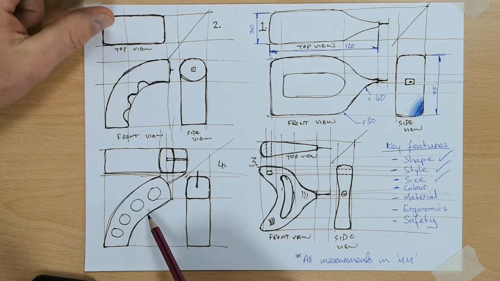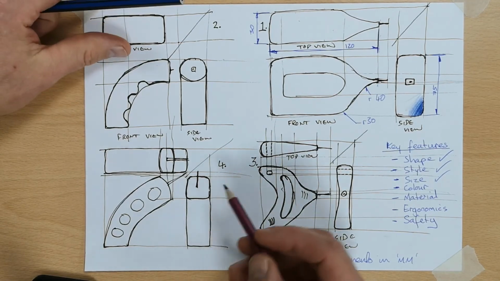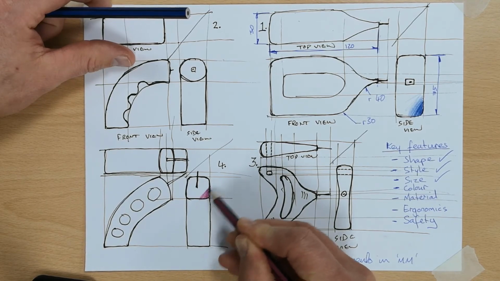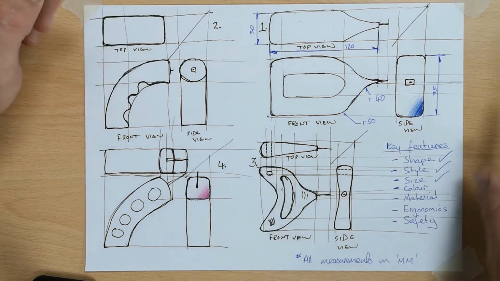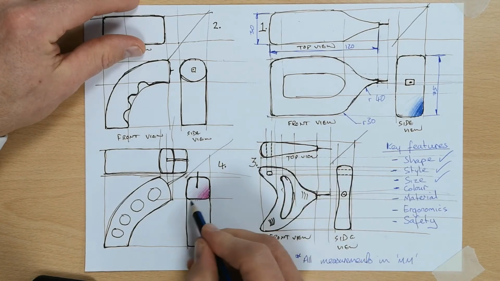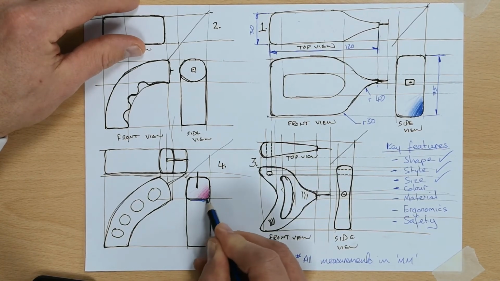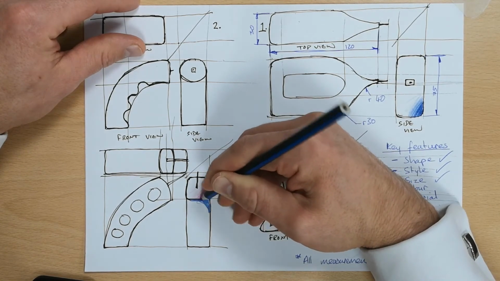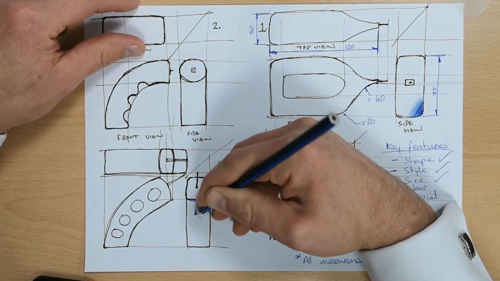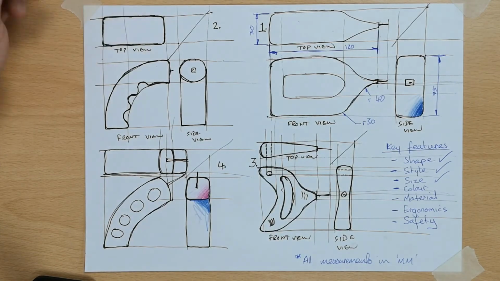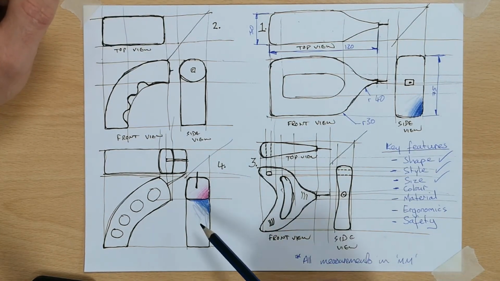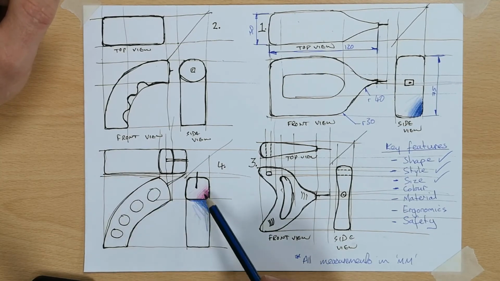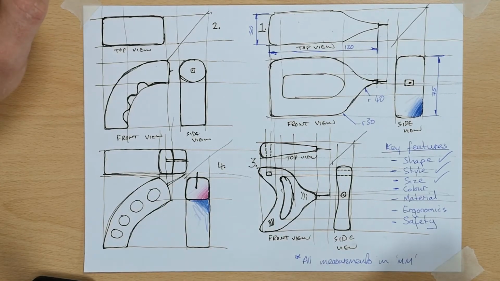When we come to this drawing here, it might be that the top here is purple and maybe the rest of the shape is blue. So there you go, splash of blue. That will tell the viewer that this whole side is blue, or this is blue, and that's purple.